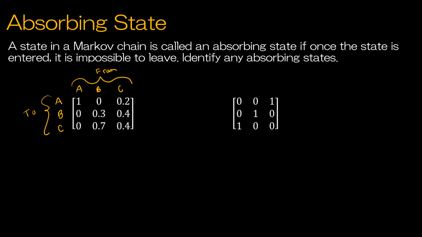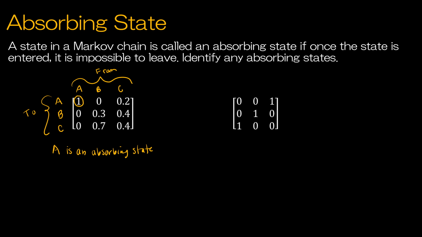If I look at A, if I'm coming from A, there is a 100% chance that I'm going to go from A to A, or in other words, I'm going to stay in A. Therefore, A is an absorbing state. Once I'm in A, I can't go anywhere else, kind of like a black hole.